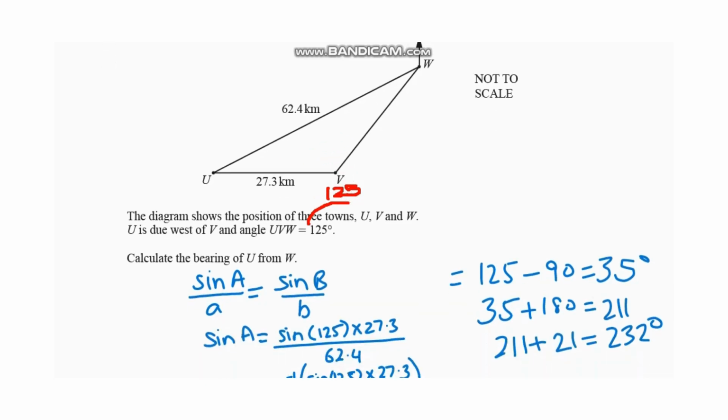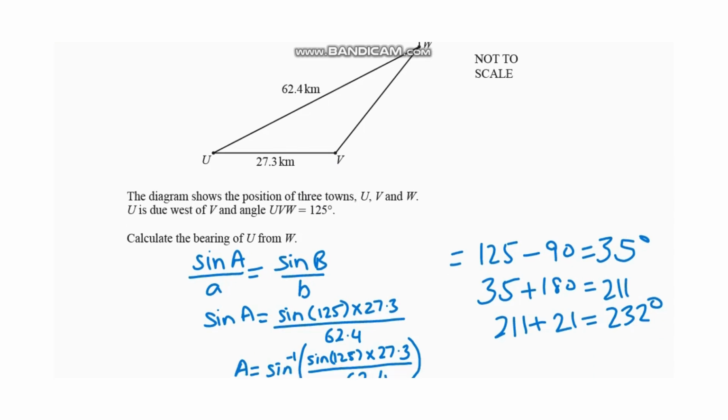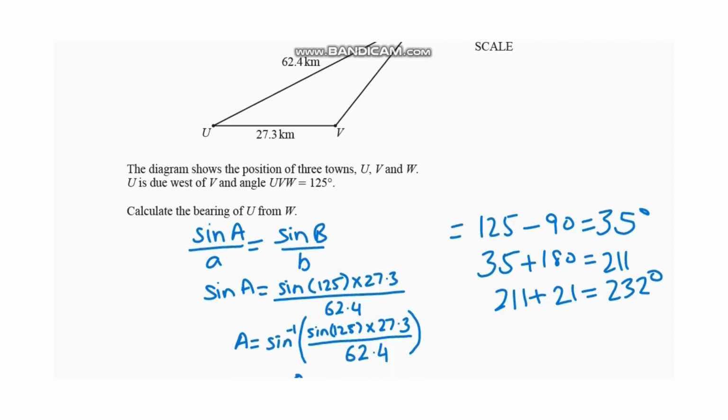So over here we will rearrange the formula and write sine A is equal to sine 125 multiplied by 27.3 divided by 62.4, and then we will move sine from A to the right side.